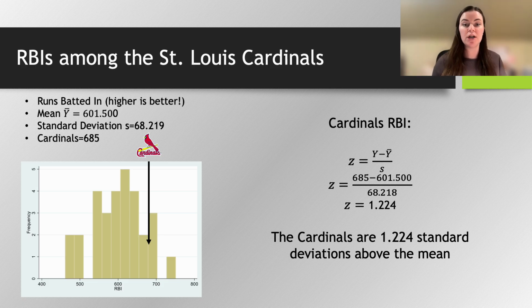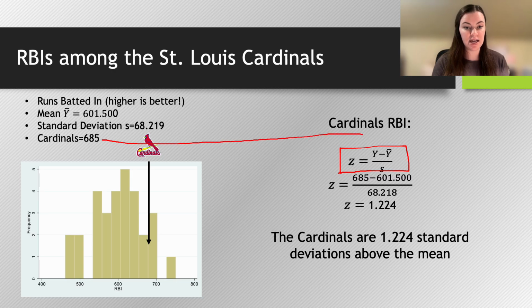Again, a higher score is better, so we want to be above average and above the mean in this case. All we're going to do in this particular example is use the information that I had provided in terms of our mean, standard deviation, and the number of RBIs the St. Louis Cardinals had in this season to see where they were with respect to all of the other teams within Major League Baseball. And so what I did here was take our z-score formula, which again, y represents our individual observation, which in this case, in that particular season, the Cardinals had hit in a total of 685 RBIs.